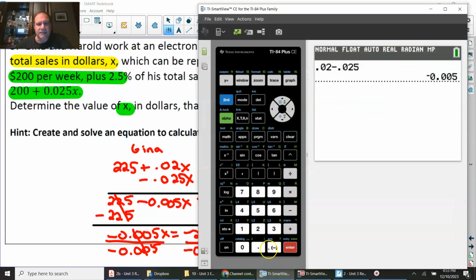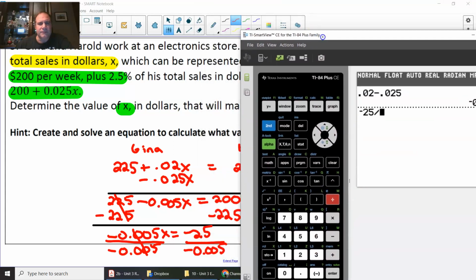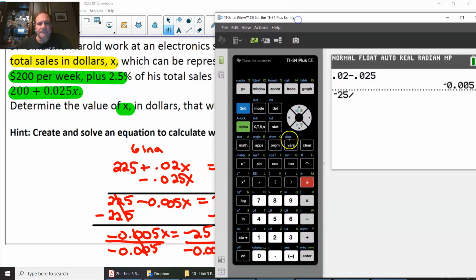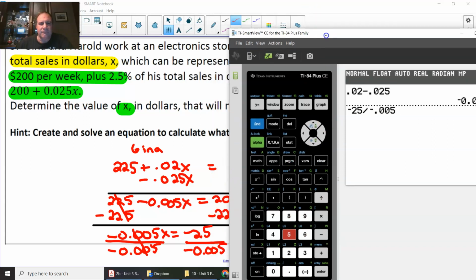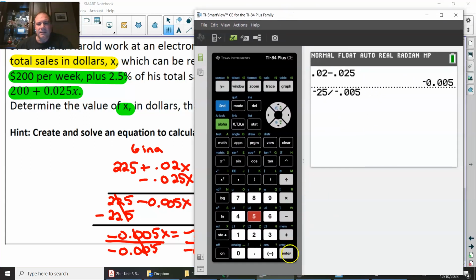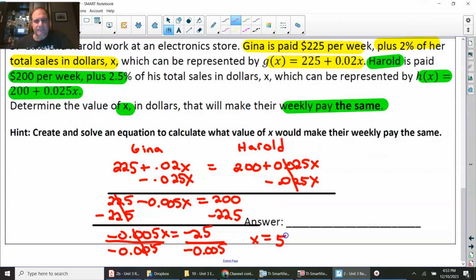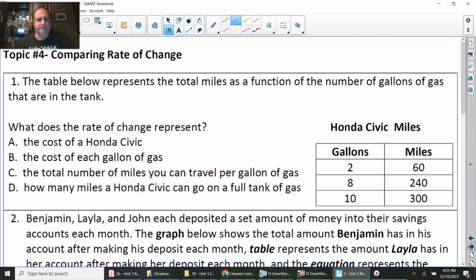This is negative 25 divided by negative 0.005. Let me see if I got that right. Yes, I did. And then enter. You get 5,000. And that's $5,000. That's when their weekly pay would be the same.